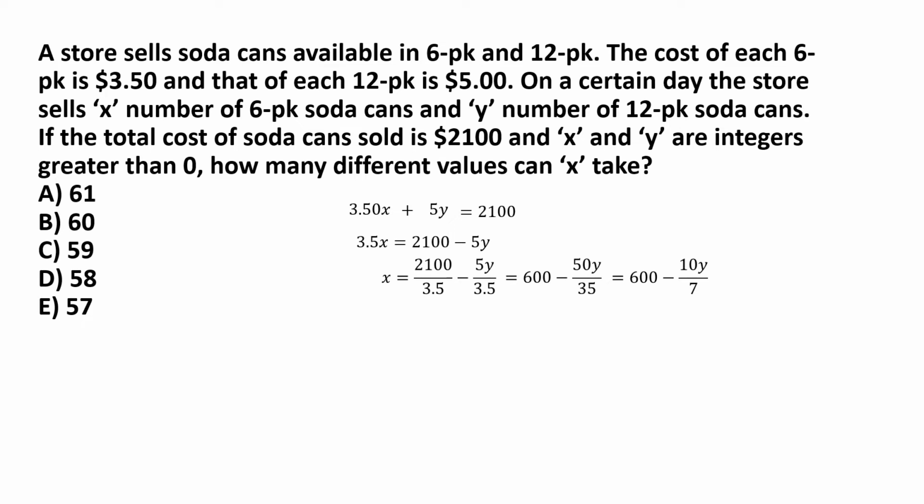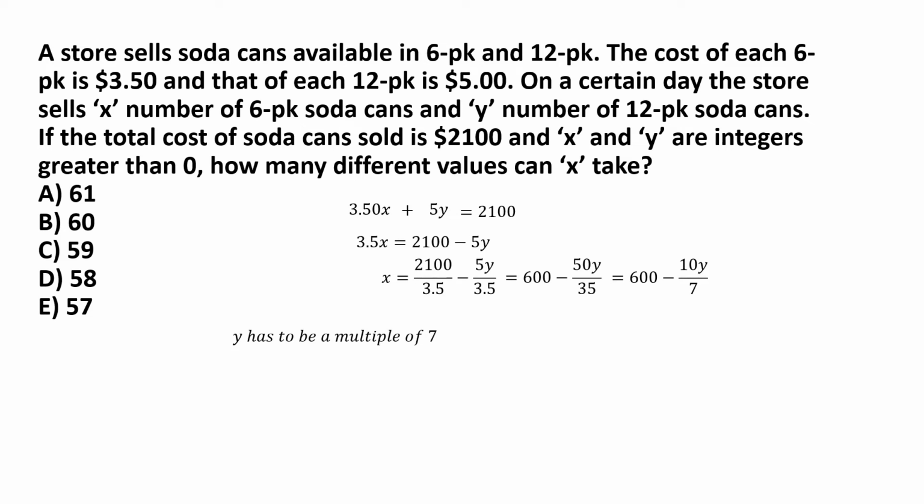Now, since x and y are both integers, for 600 minus 10y by 7 to be an integer, y has to be a multiple of 7. That's pretty clear from this equation, right? Because that's the only way x can be an integer.